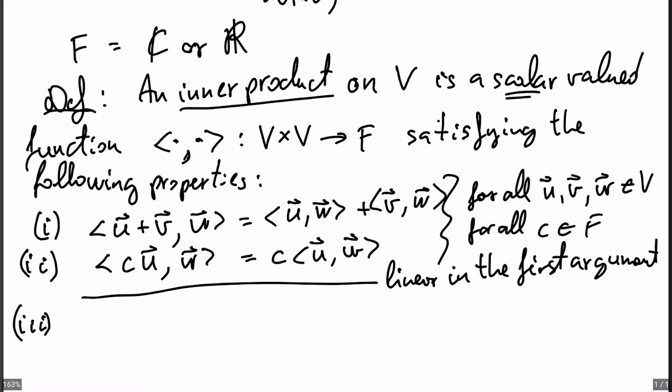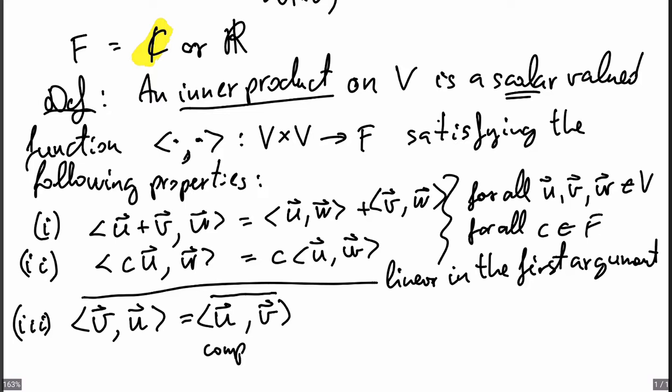A third property is that if we talk about complex field, if we change the order of the arguments in the inner product, then we obtain a complex conjugate of the original inner product. So this should hold for all u, v vectors.